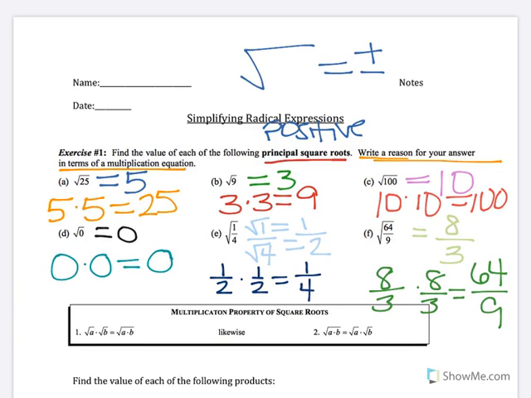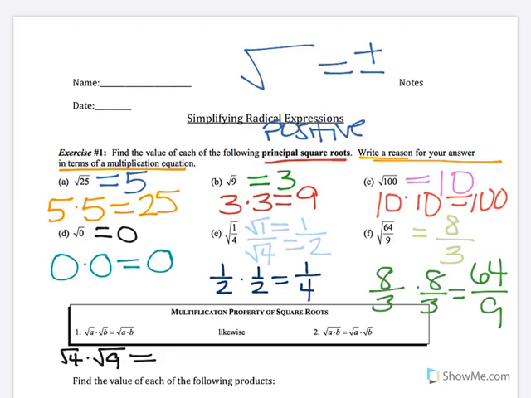Now, it's also important to understand that the square root of a times the square root of b is also equal to the square root of a times b. So this might make more sense with actual numbers. If we said the square root of 4, and we multiplied that with the square root of, let's just do 9, right?